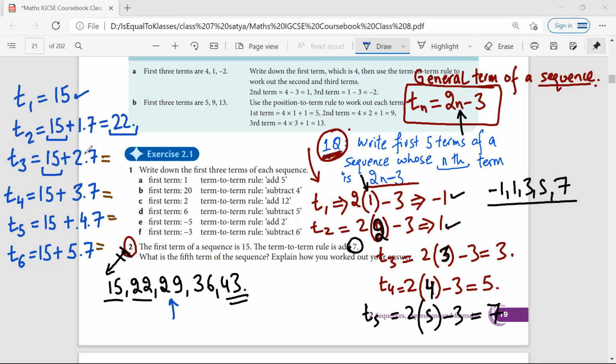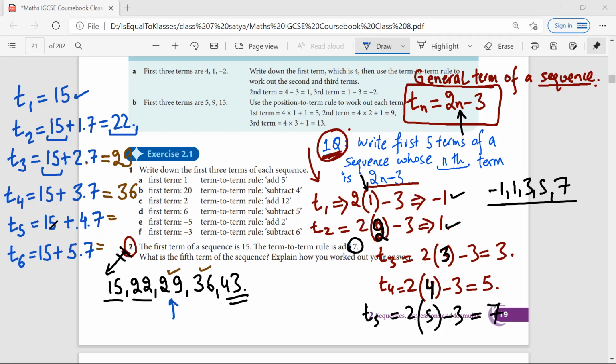So as per this logic, my third term should be 15 plus 14, which is 29, which is correct. My fourth term should be 15 plus 21, 36, which is correct.